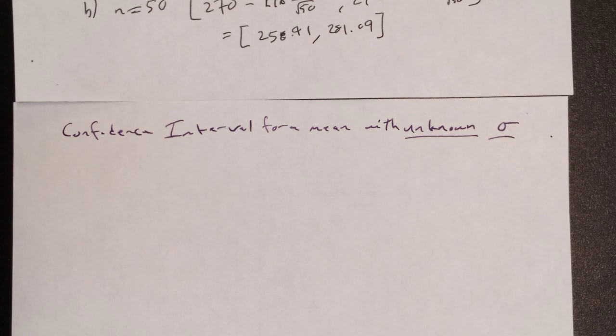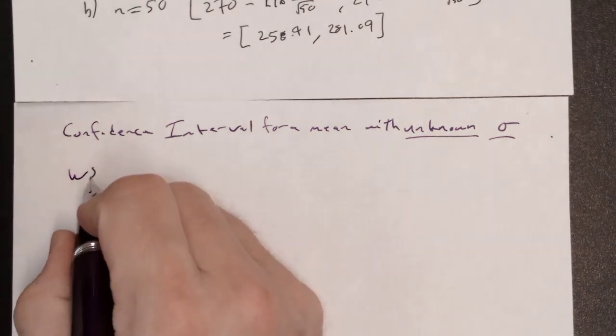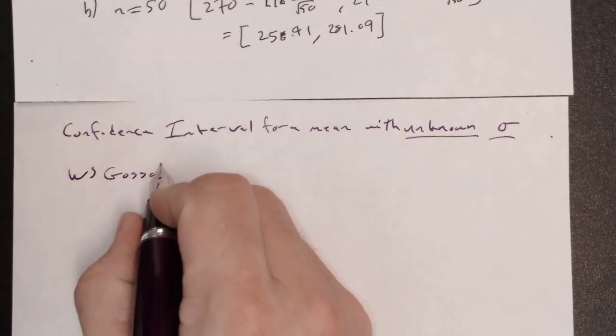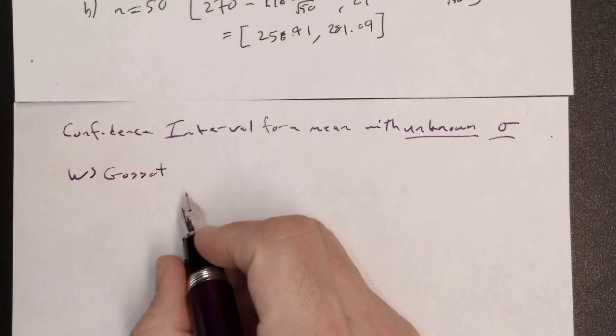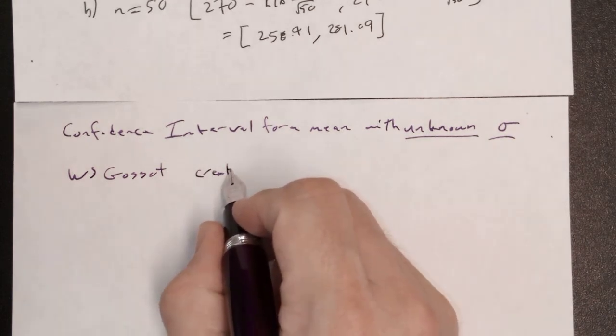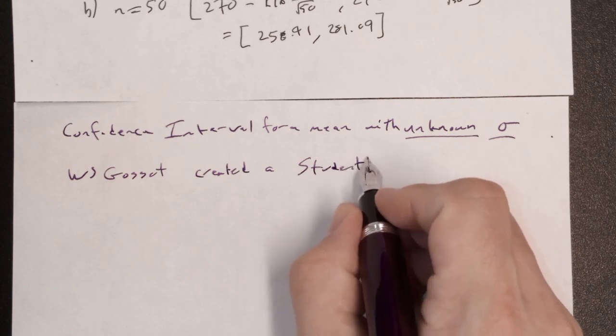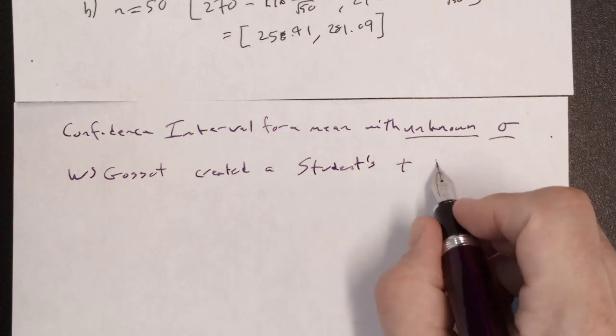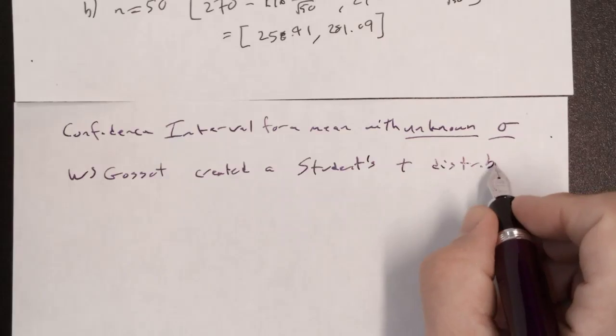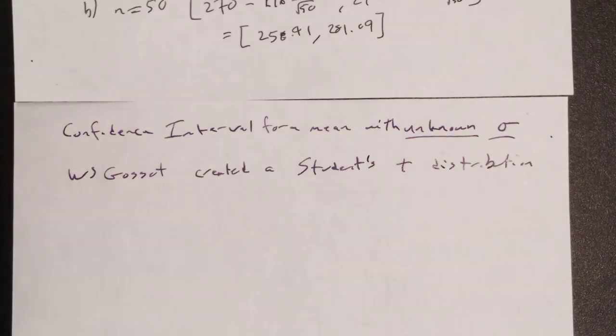And so Gossett created a new PDF, a probability distribution called the student's t-distribution.